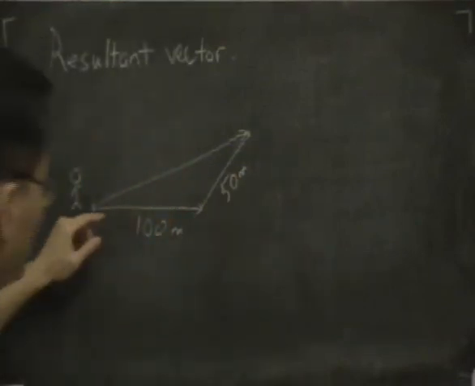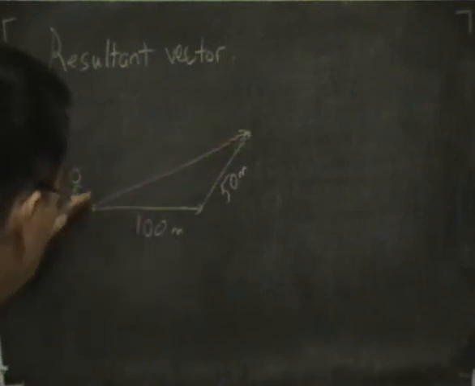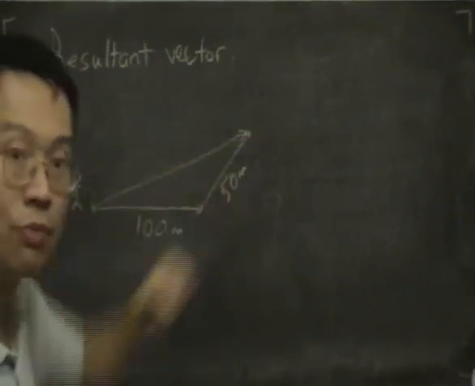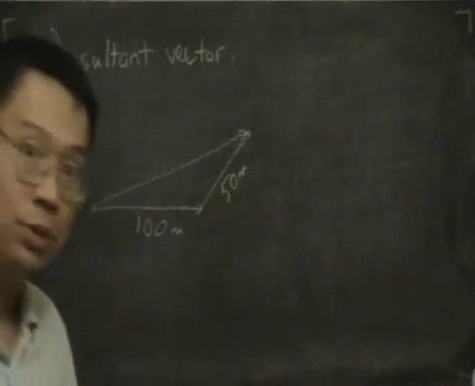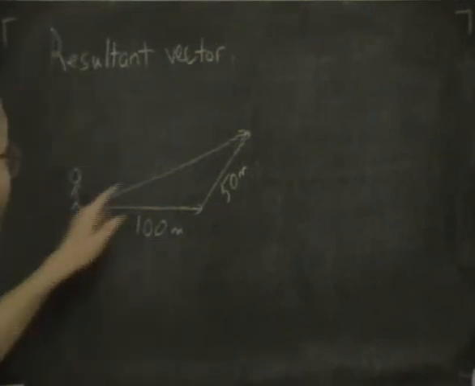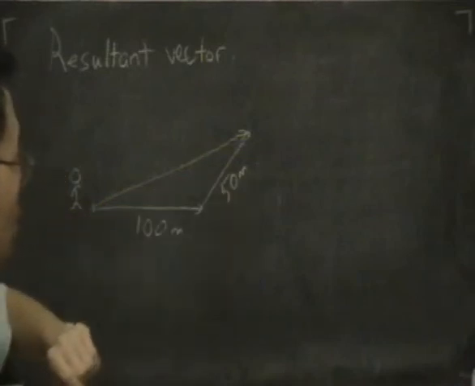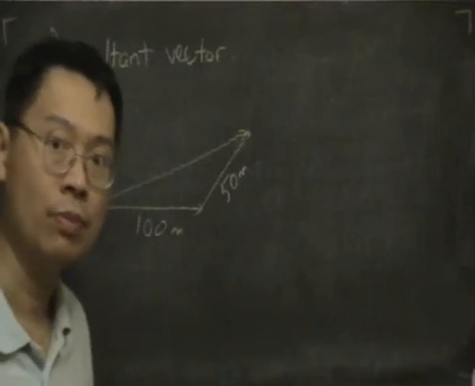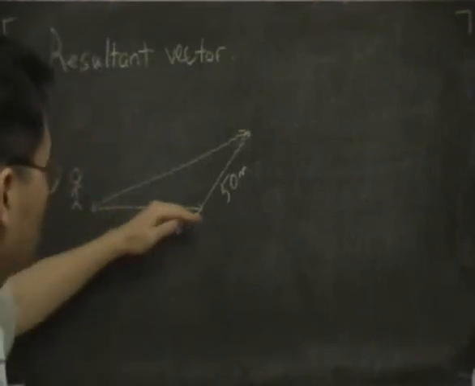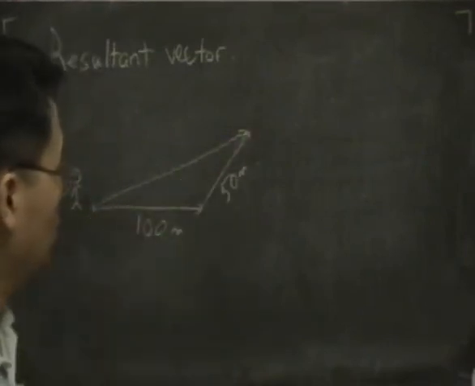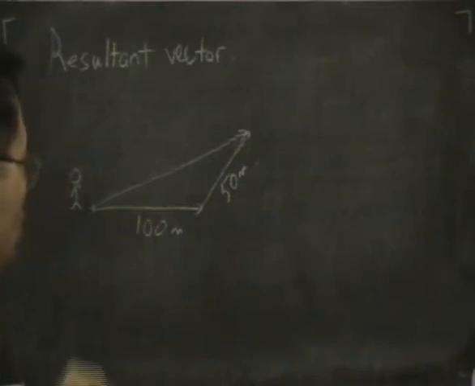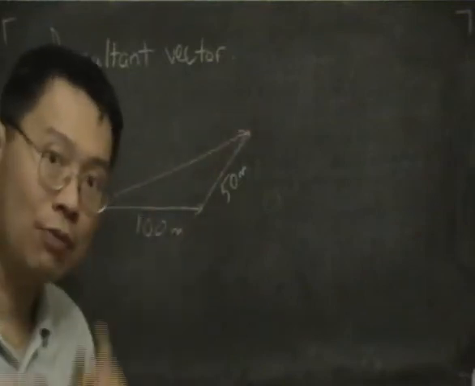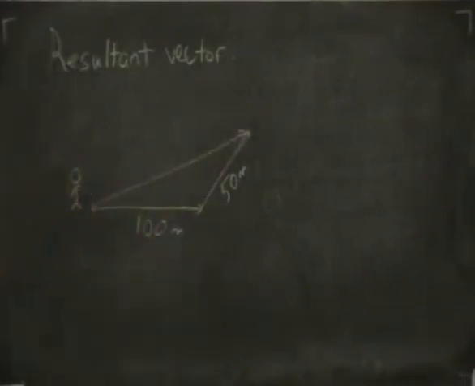So we can think of this straight direction from his starting point to the final point as the resultant vector, because he would end up in the same place if he went straight instead of going 100 meters east and 50 meters northeast. So this distance and direction is therefore the resultant of those two vectors.